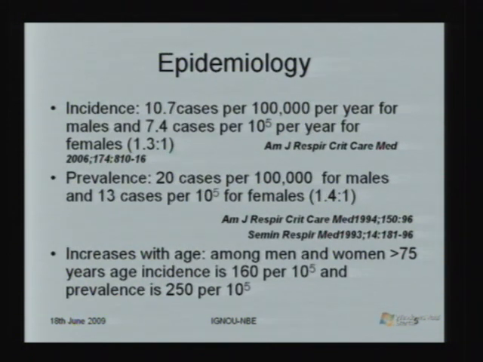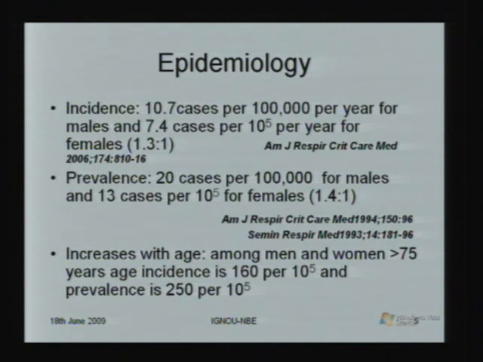The incidence of idiopathic pulmonary fibrosis, or IPF in short, is about 10.7 cases per 100,000 per year for males and 7.4 per 100,000 per year for females. The prevalence happens to be about 20 and 13 respectively for the male and the female genders.